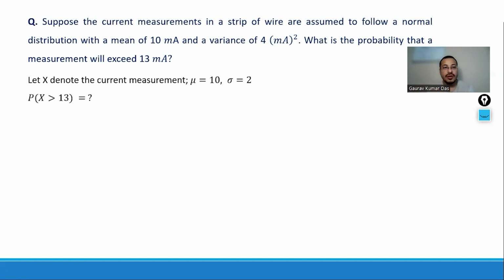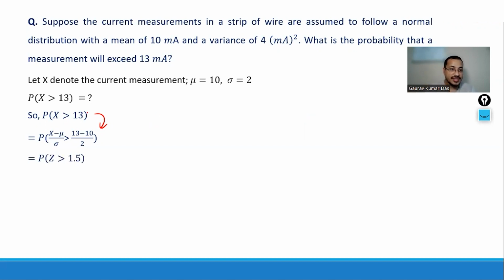So what is being asked? Probability of X such that it is greater than 30. That is what is being asked. I can equate this by using transformations on both sides of the inequality. So X will be converted to (X minus mu) by sigma. Similarly, on the right hand side, 13 will be converted to (13 minus 10) divided by 2. Correct. So next we'll have P of Z greater than 1.5.